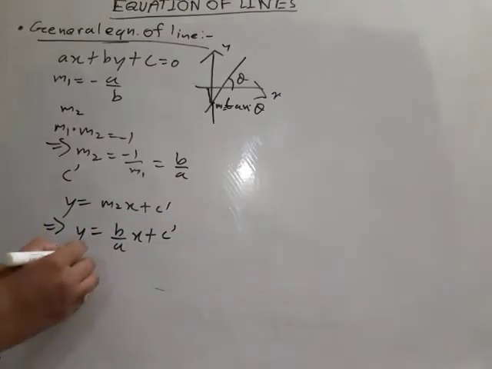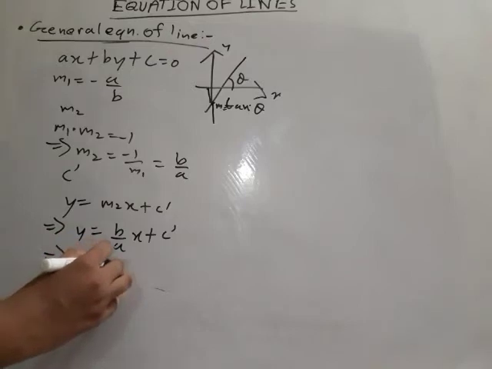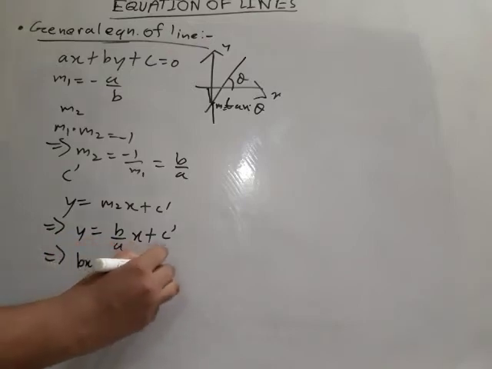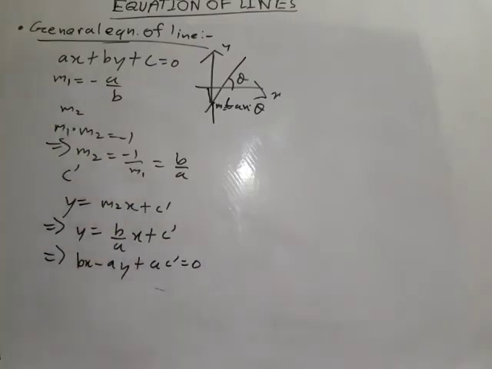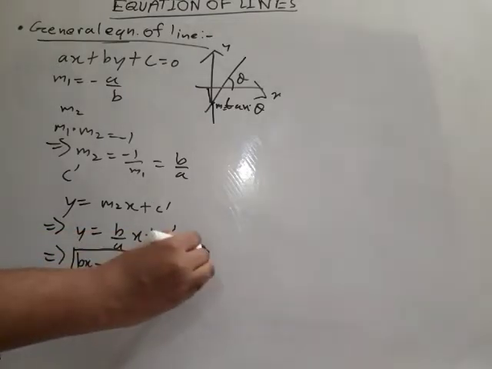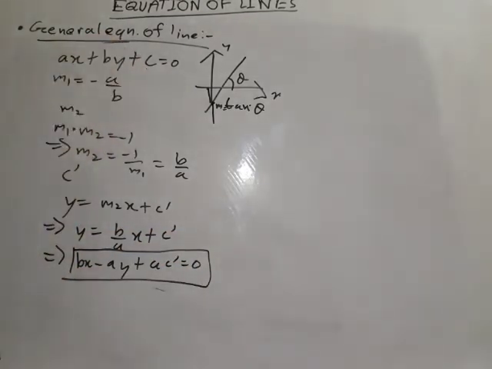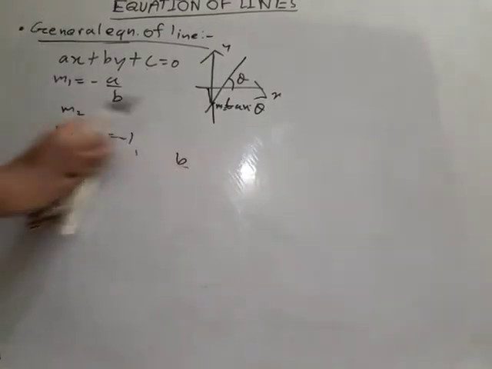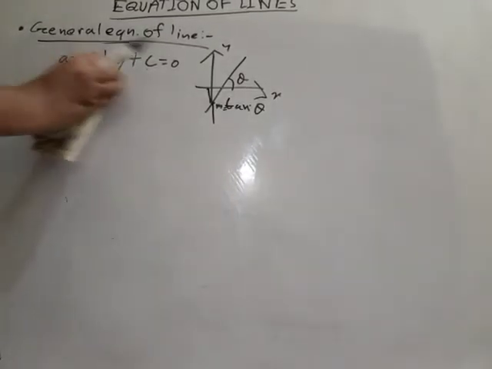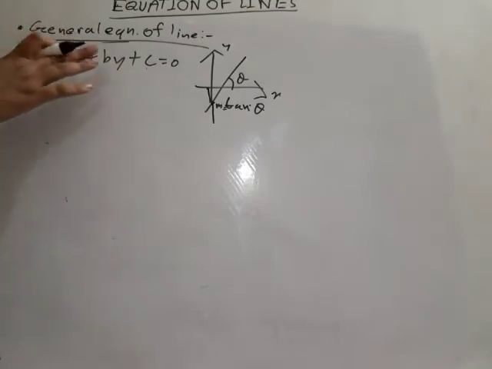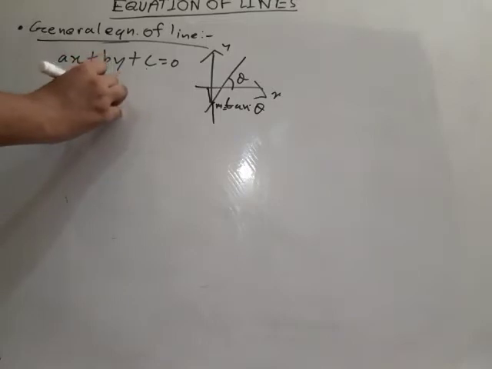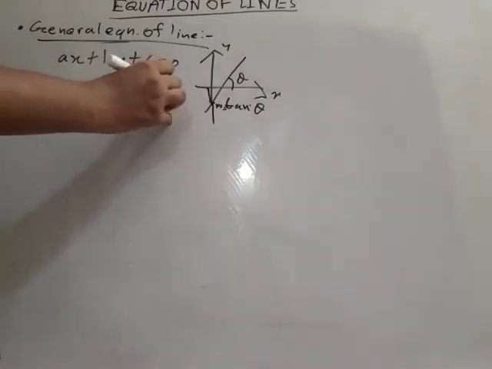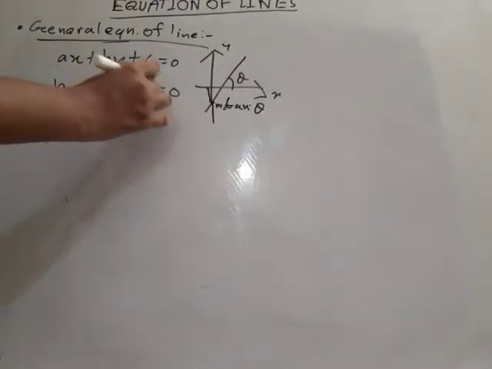Now rearranging this equation, we get bx minus ay plus ac dashed equal to 0. This is the equation of the line perpendicular to this line. So the perpendicular line is given by the equation bx minus ay plus c dashed equal to 0, or c1 equal to 0.